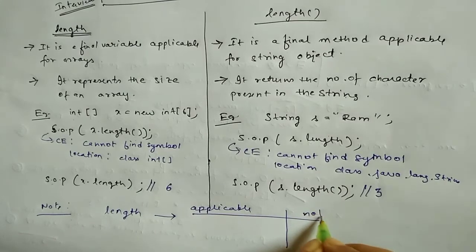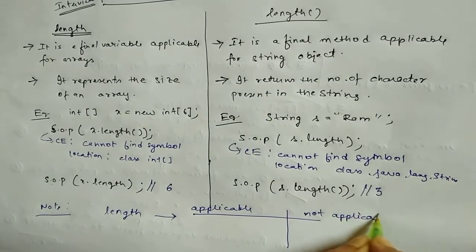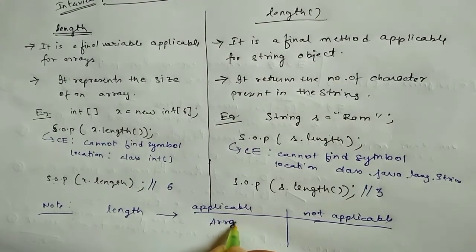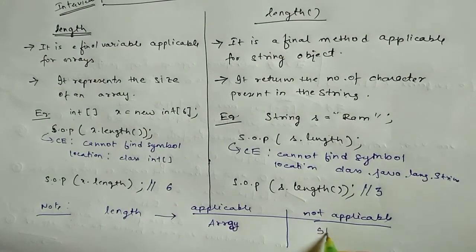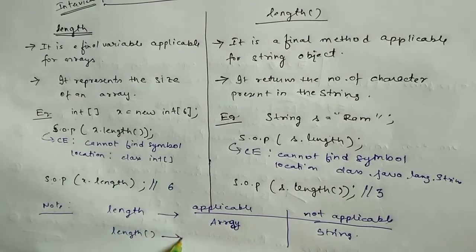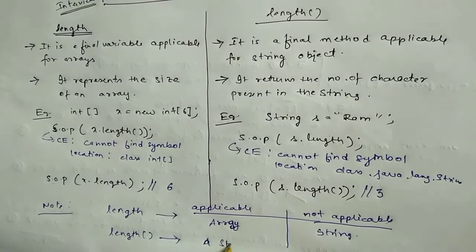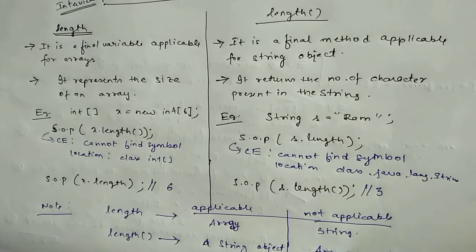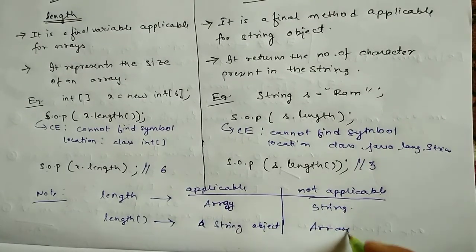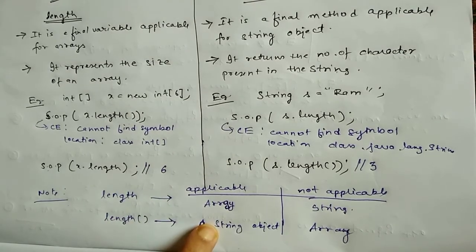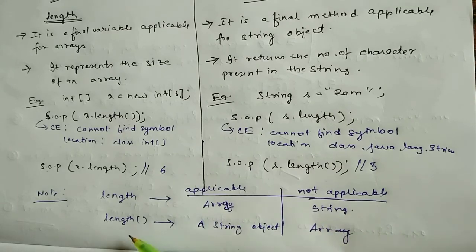Length variable is applicable for array and not for string, and length method is applicable for string object and not for array.